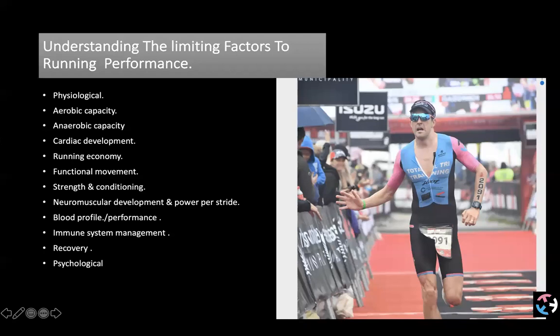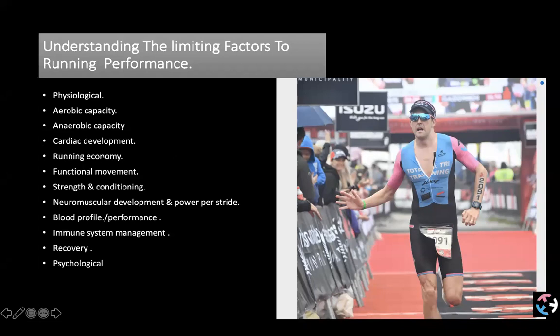So understanding limiting factors to running performance. There are obviously quite a few, and we're not going to be able to discuss everything in this webinar, but I do want to look at some of the more important aspects that maybe haven't been widely discussed.